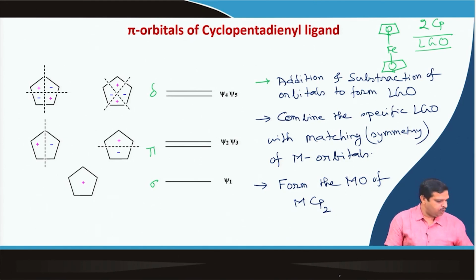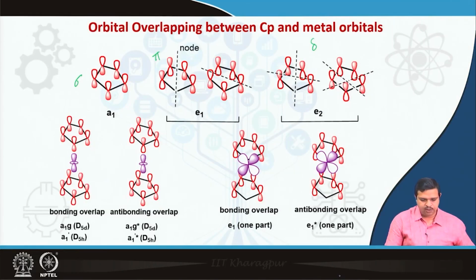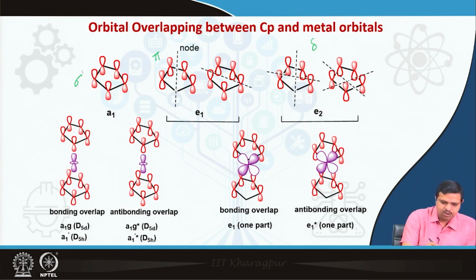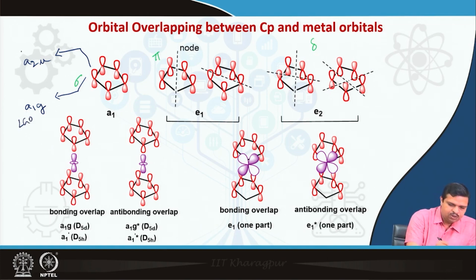As an example, I will give one example like this one. If I do addition and if I do the subtraction, what will you get? You will get the A1g set of orbitals, and if you do the subtraction, you will get the A2u set of LGO. This is the LGO, this is also LGO, with two Cp rings.